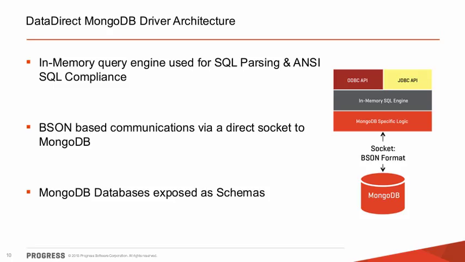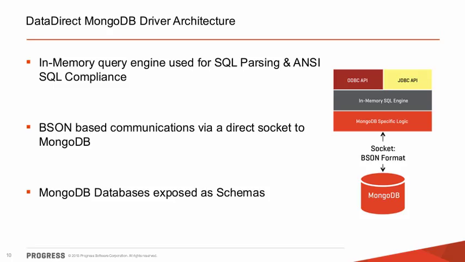So I took to describing them as, for lack of a better word, a fat ODBC and JDBC driver, in the sense that they contain an in-memory, lightweight query engine that's used to accept that incoming stream of SQL and build a plan for how to map that SQL into queries to MongoDB in the form of BSON.